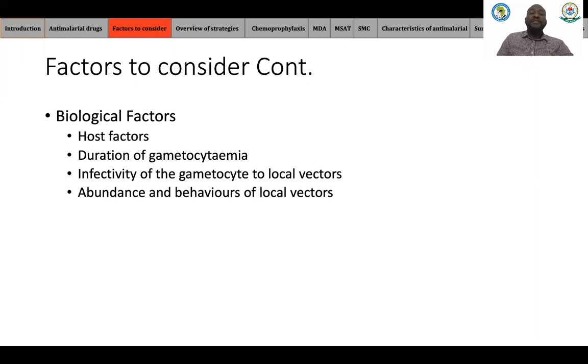So different species of Plasmodium have a different duration of, or when do they form the gametocytes since the infection is established. So Plasmodium falciparum, for example, the conversion from asexual to sexual stages to gametocytes happens later.